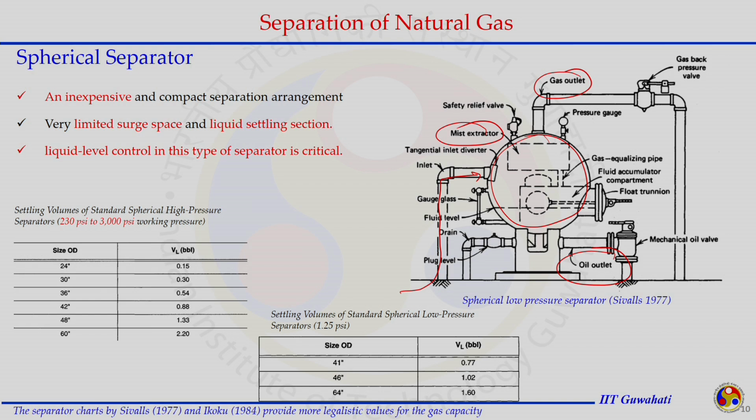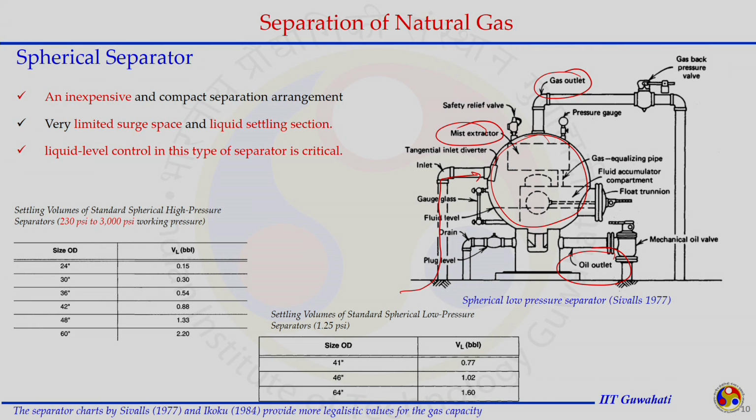These are inexpensive, and a compact separation arrangement is provided by this spherical separator, but very limited surge space is there, and because of that there is a possibility gas and liquid are re-entering further. Liquid level control in this type of separator is also very difficult.